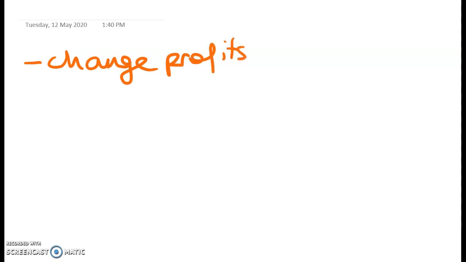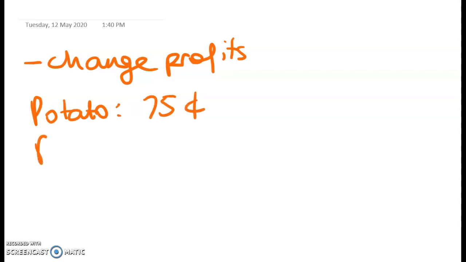What they want to do here is they want to change the profits. They don't want to increase the oven capacity. So basically they're going to try and leave the potato price at 75 cents, but they're going to think about increasing the price on the pizzas. So we don't know what that price will be.